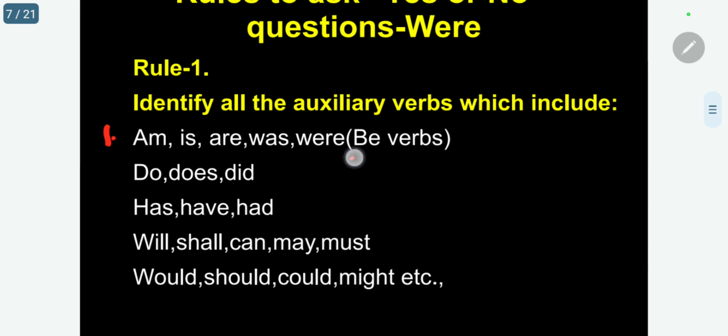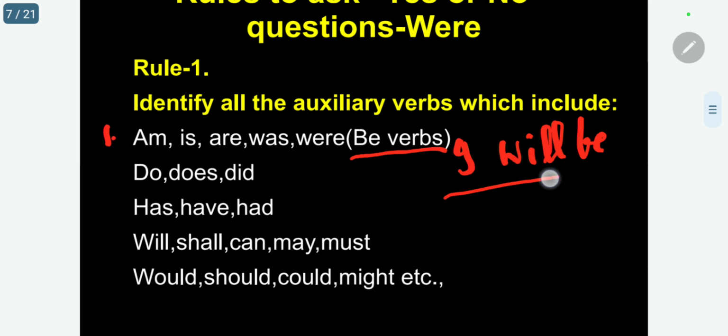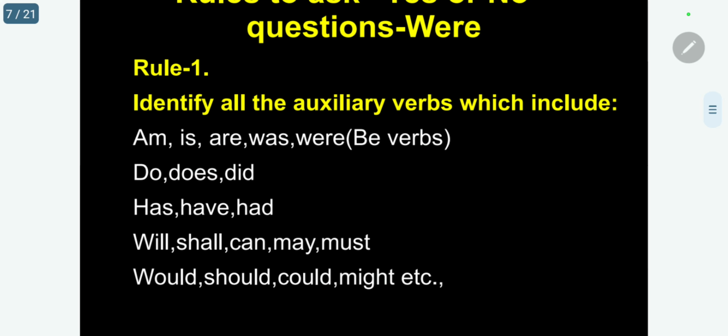They are called be verbs. So directly, be will be used only under the future tense, that is, will be. I will be. Kindly follow. So this be will come only with will. Kindly follow and understand this information.